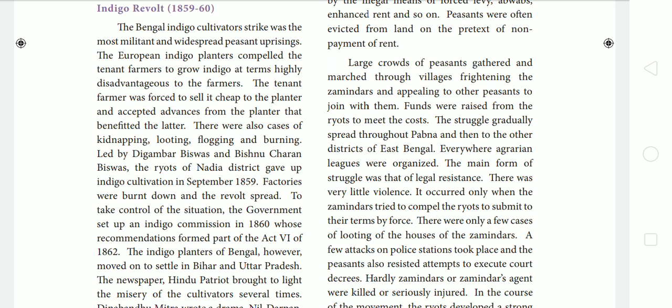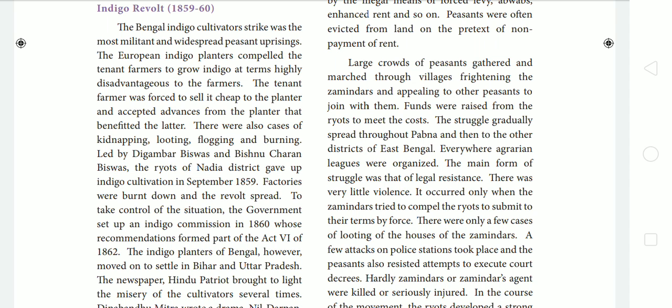The tenant farmer was forced to sell it too cheap to the planter and accepted advances from the planter that benefited the latter.